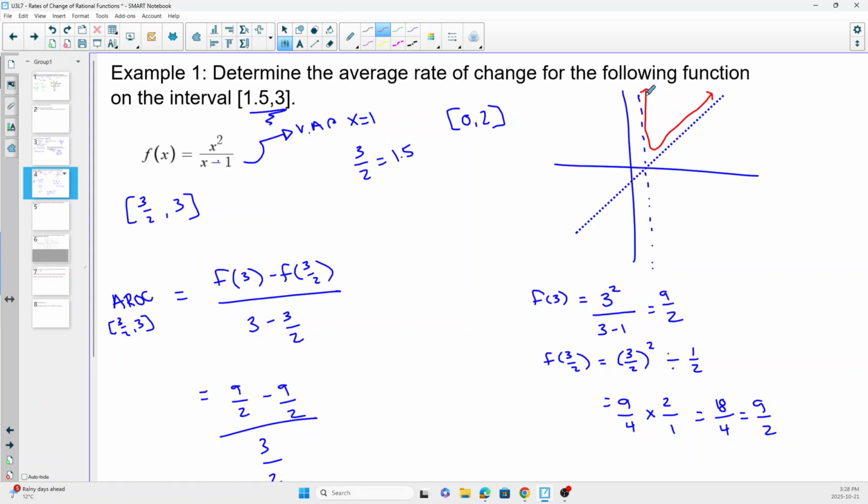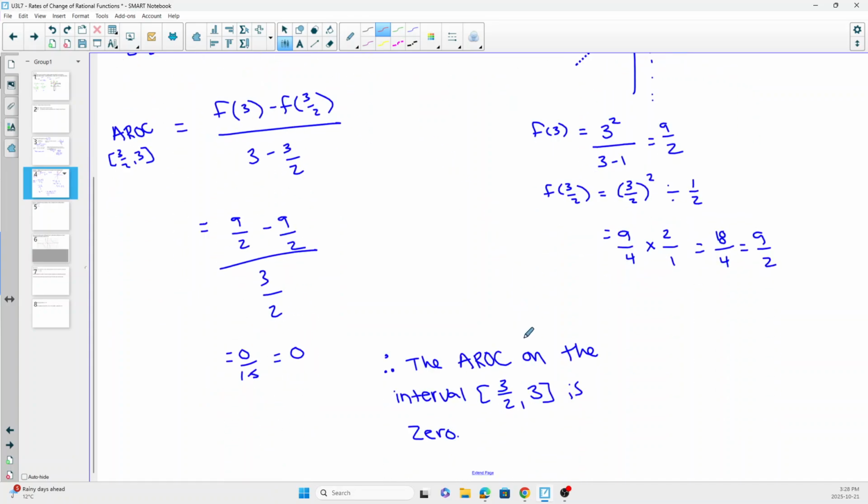And so when we look at the average over such a large interval from 1.5 all the way up to 3, at some points on that interval it's going down, and other parts it's going up, and it happens that I chose an interval where the turning point would be centered right in the middle, and the result is an average rate of change of 0, which is kind of neat because then it tells us that in the middle of this interval our function has a turning point. So that's kind of cool too.